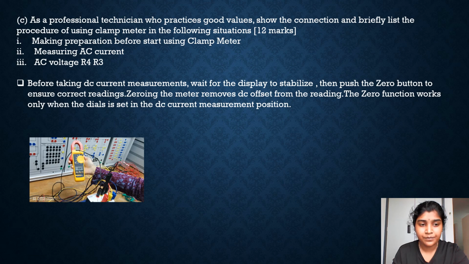Before taking DC current measurements, wait for the display to stabilize, then push the zero button to ensure correct readings. Zeroing the meter removes DC offset from the reading. The zero function works only when the dial is set to the DC current measurement position. It is shown in the figure below.